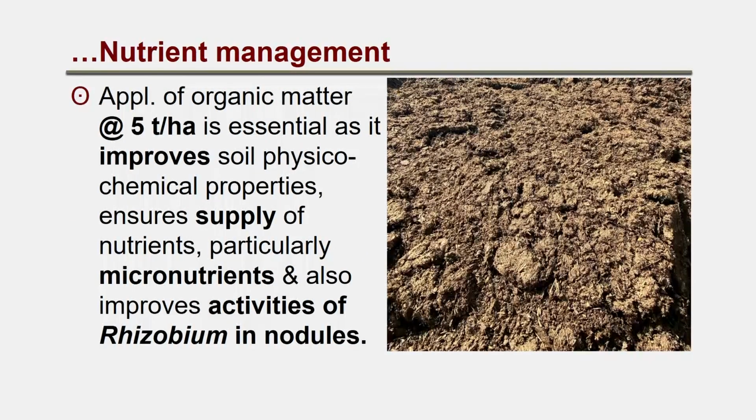Application of organic matter at the rate of 5 ton per hectare, or organic manure, is essential as it improves soil physical, chemical and biological properties, and it also supplies the nutrients after decomposition, and of course it is good for the growth of the rhizobia bacteria also.